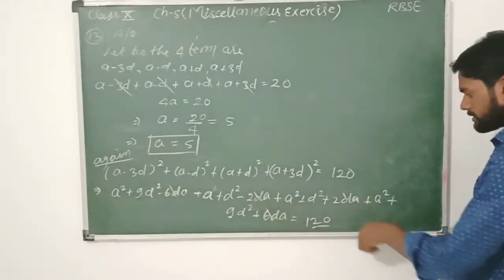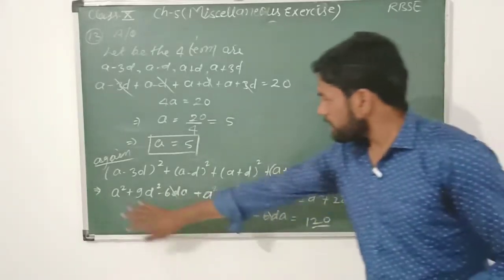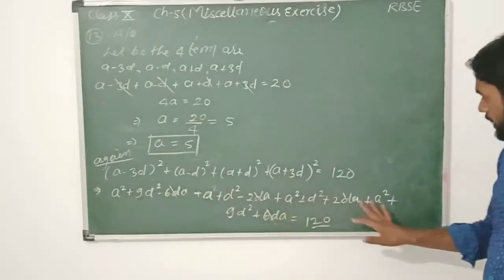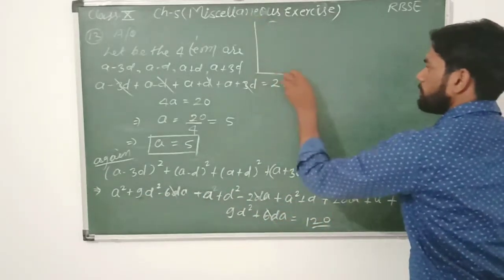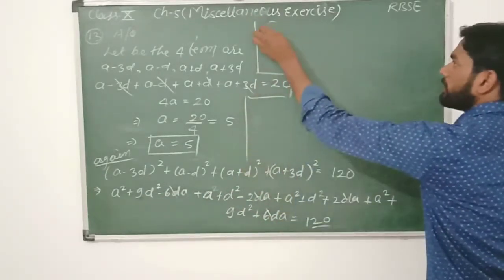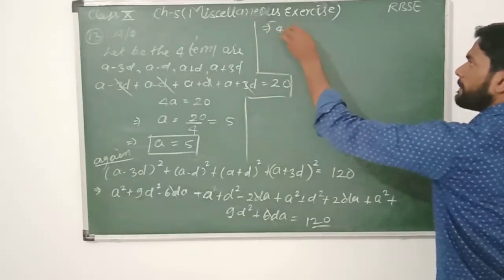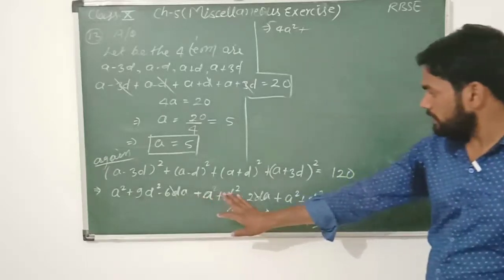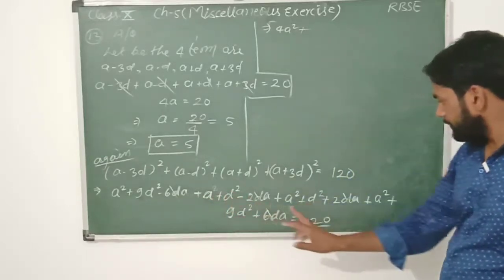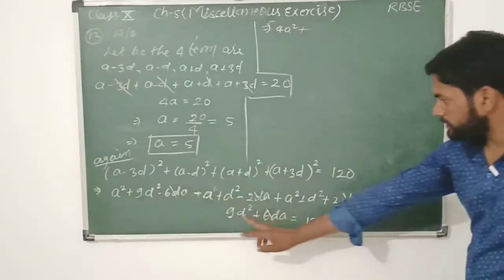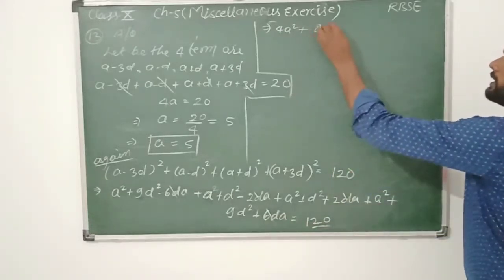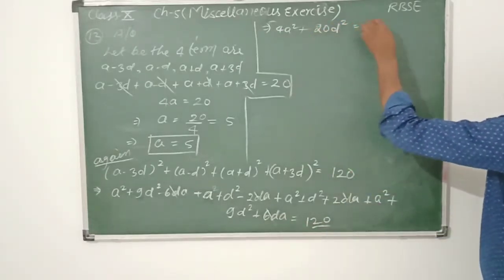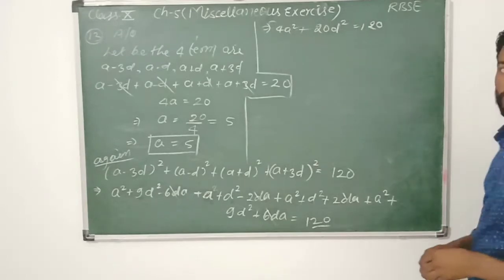The terms minus 6da plus 6da minus 2da plus 2da cancel. a square and a square and so on give 4a square, plus 9d square plus d square plus d square plus 9d square, that is 10 and 11 and then 20d square, is equal to 120.